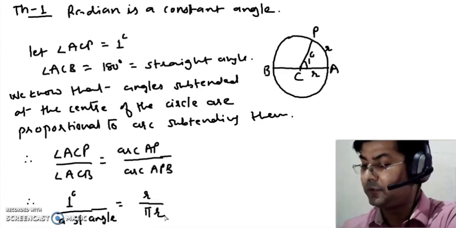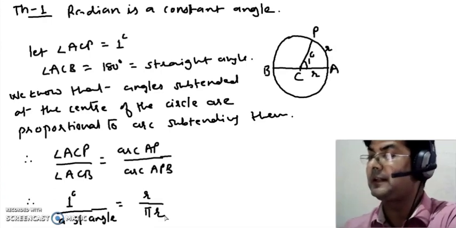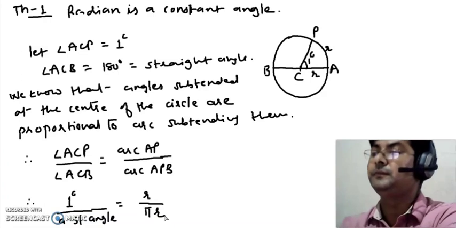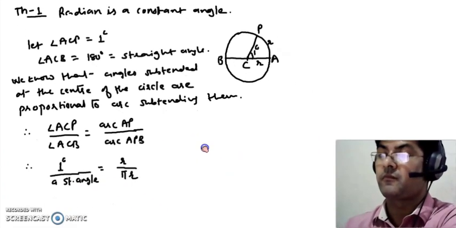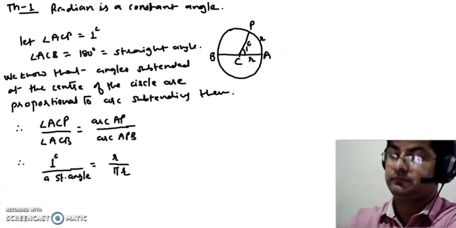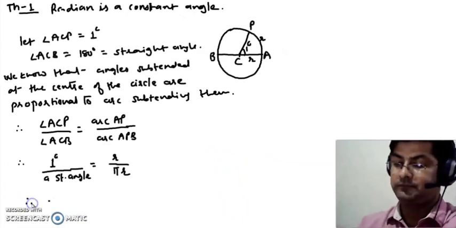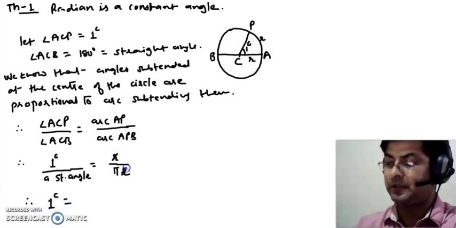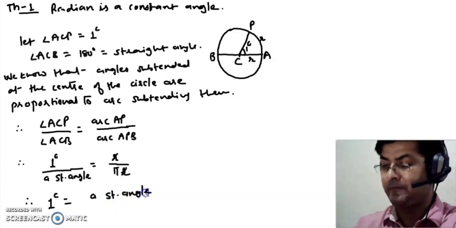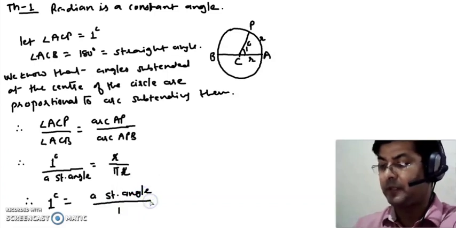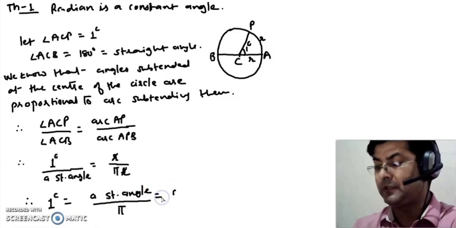Now we can reduce r, and therefore 1 radian is equal to a straight angle upon pi, which is equal to a constant.